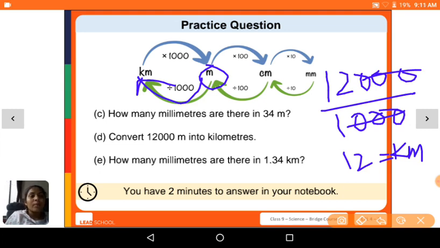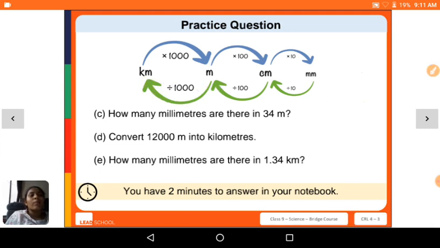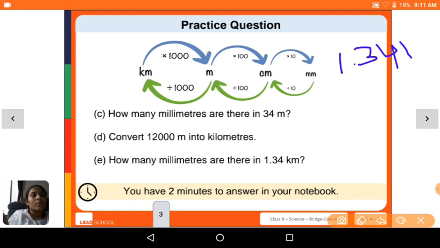How many millimeters are there in 1.34 kilometer? So the answer we have to find: 1.34 kilometer into millimeter. For kilometer, we need to multiply by 1000.